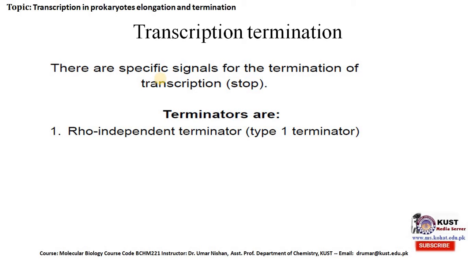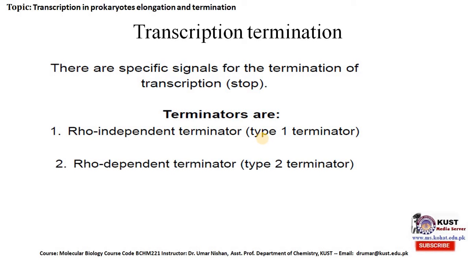One is called rho independent terminator. This is also called type 1 terminator. There is another type of termination that is called rho dependent terminator. It is also known as type 2 terminator.